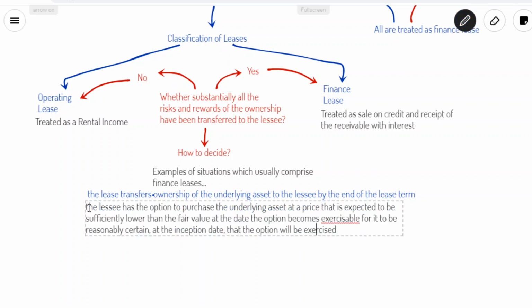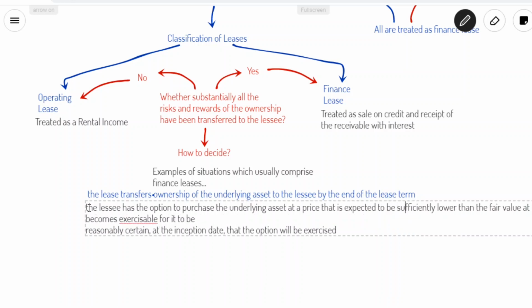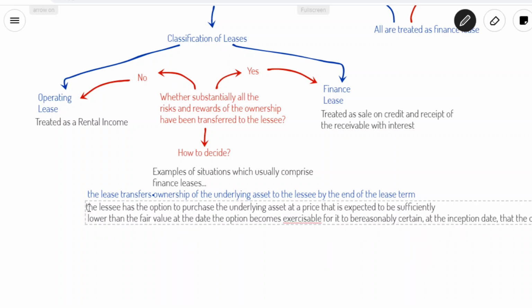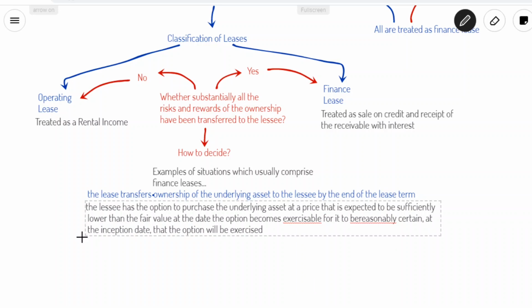Second, the lessee has the option to purchase the underlying asset at a price that is expected to be sufficiently lower than the fair value at the date the option becomes exercisable, for it to be reasonably certain at the inception date that the option will be exercised.